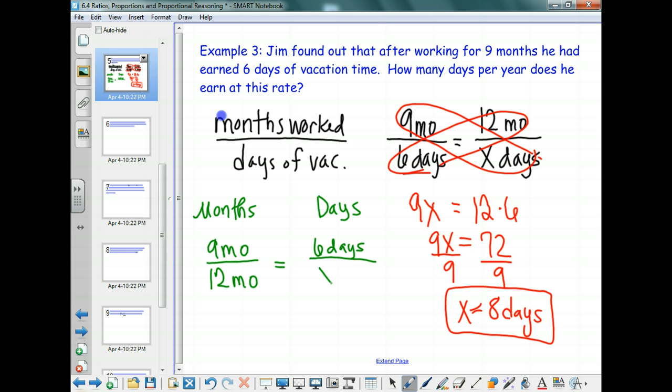And we can set up our x days of vacation down here. And this actually is set up exactly like that last theorem we talked about, where our diagonal, this diagonal, changed, right? And it will work the same if I cross multiply. It becomes the same 9x equals 72 as the other problem. But it's a different way of thinking about it, and it works just as well.